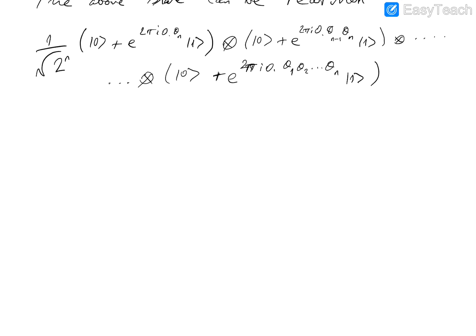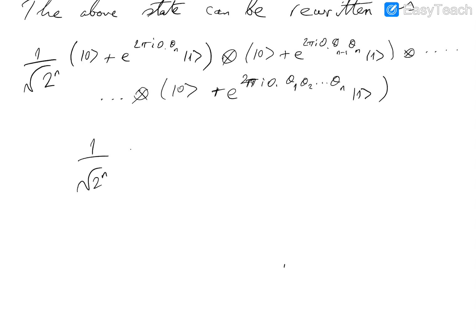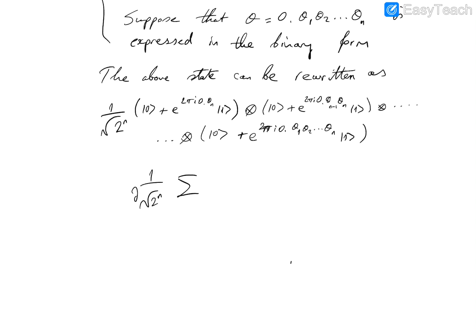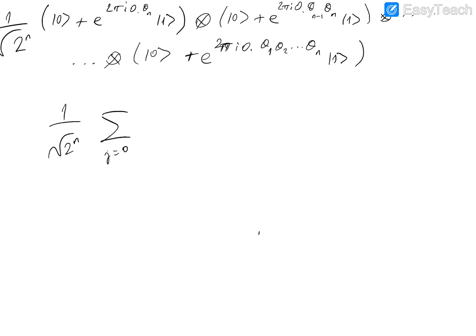All right, so given a state 1 over square root 2 to the n, sum from j equals 0 to 2 to the n minus 1, e to the 2 pi i theta j, the inverse of the quantum Fourier transform transforms the state to some state theta cap, let's say, and u.